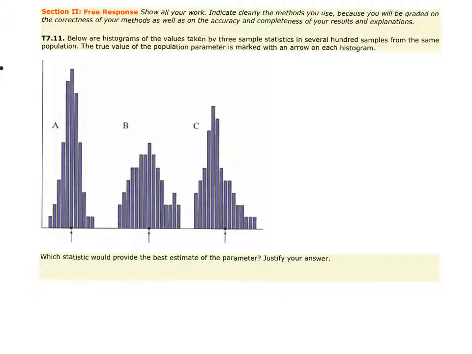The first free response, number 11. Below are histograms of the values taken by 3 sample statistics in several hundred samples from the same population. The true value of the population parameter is marked with an arrow on each histogram. Which statistic would provide the best estimate of the parameter? Explain why. So what we know is these arrows measure the true p, or the true p value.